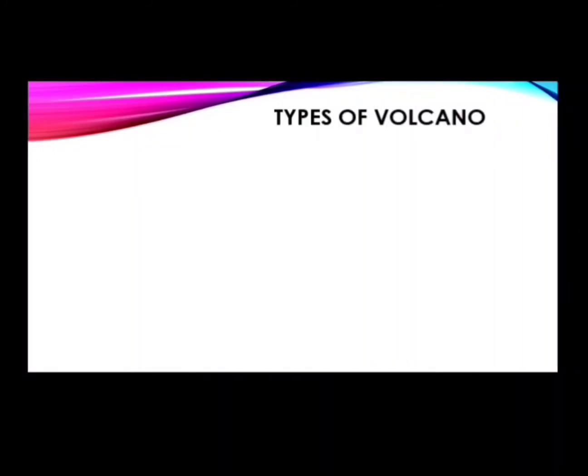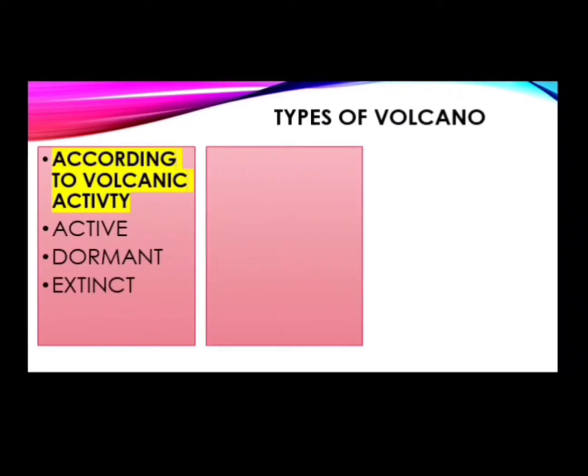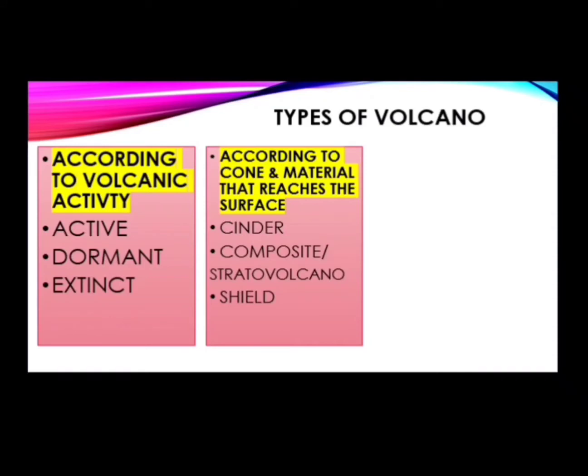Let's see if you understand the lesson. Here are the different types of volcano. According to volcanic activity, we can classify volcano as active, dormant, or extinct. Volcano can also be classified according to cone and material that reaches the surface.